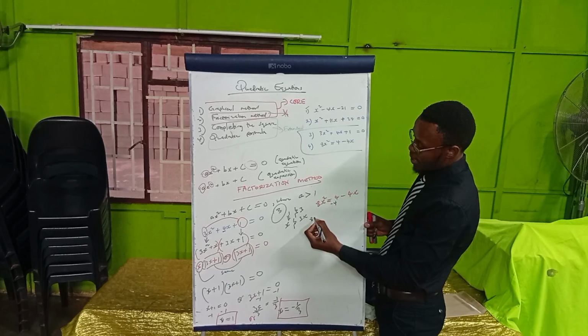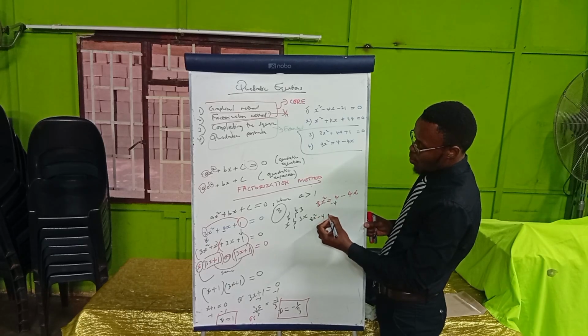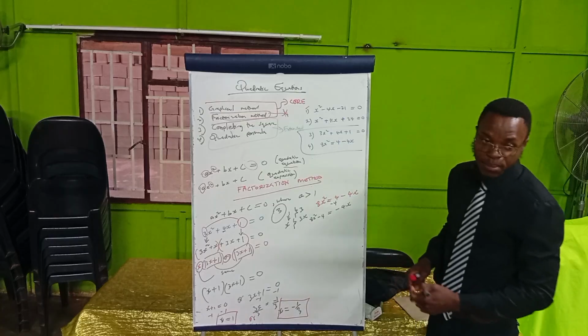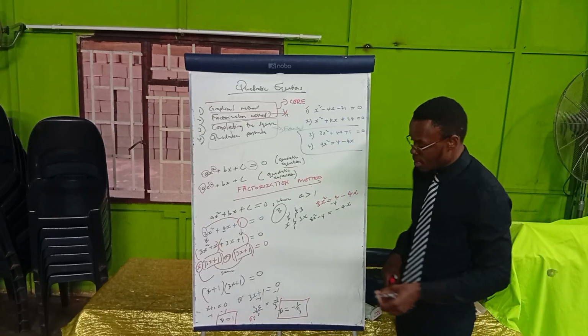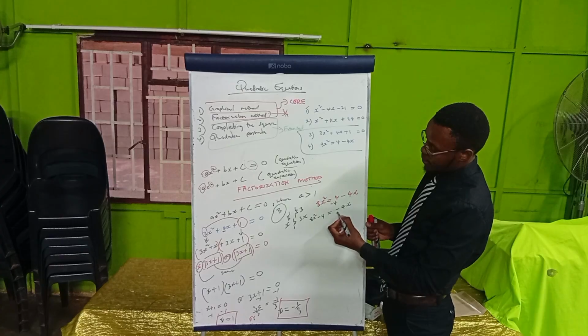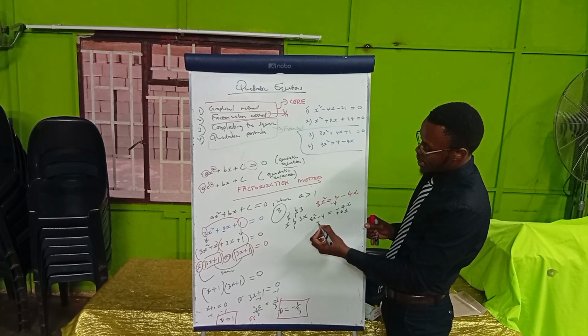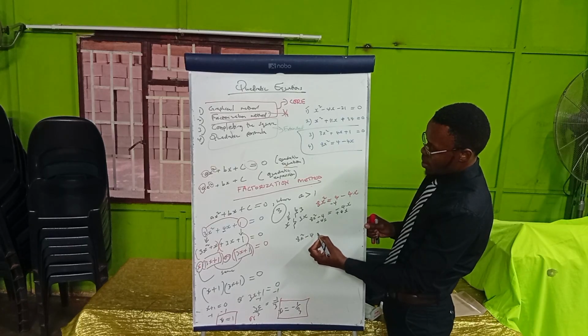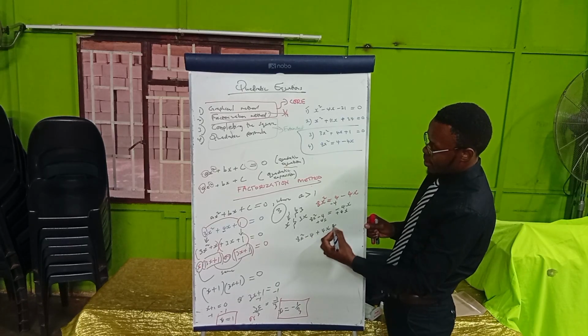So that's 8x squared minus 4 is equals to negative 4x. I'm trying to show each step. Then what happens to the negative 4x? We add it to the other side, so that we will have 8x squared minus 4 plus 4x equals to 0.